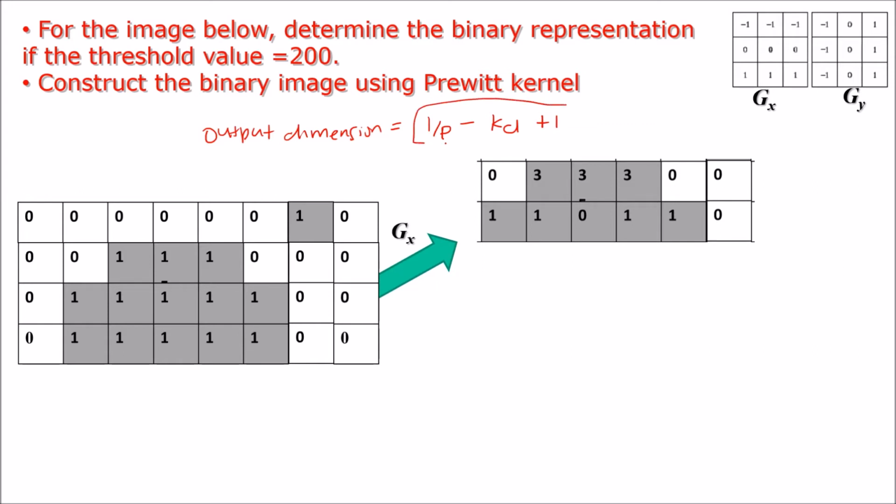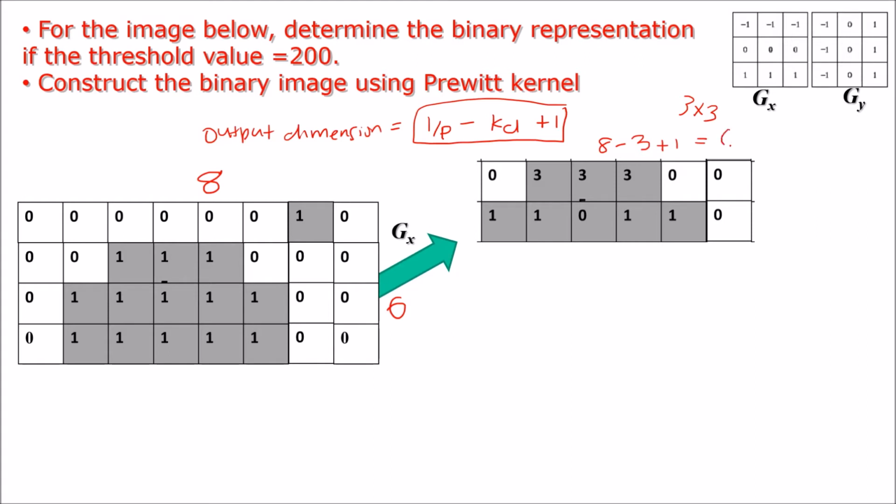This is how you can calculate the dimension of the output as a result of applying this operation. For instance, in this case, the width of the image is 8 and the height is 6. Using this equation, with a kernel dimension of 3 by 3, the output image dimension will be 8 minus 3 plus 1.